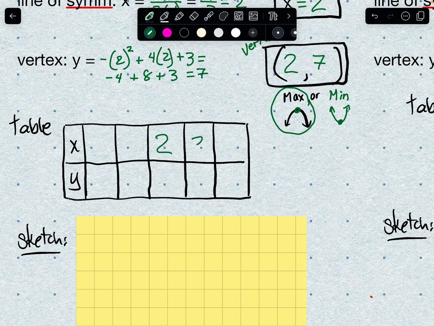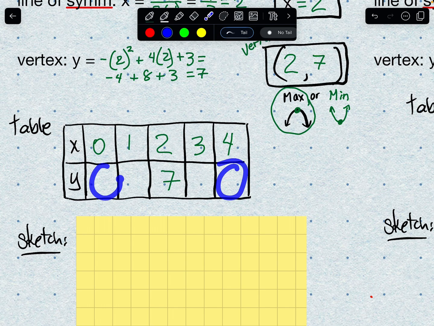Then fill in the consecutive values on either side of 2. Because we know this is a parabola, these 2 values will be the same, and these 2 will be the same. If you're lazy or in a hurry, you could just do those 2 values, and as long as you're accurate, these values will be the same.